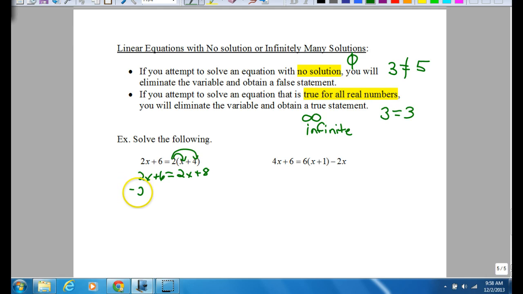So now if I subtract 2x from both sides, I have 6 equals 8. Is this a true statement? No, it's not. So there's no solutions for this. It's an empty set.